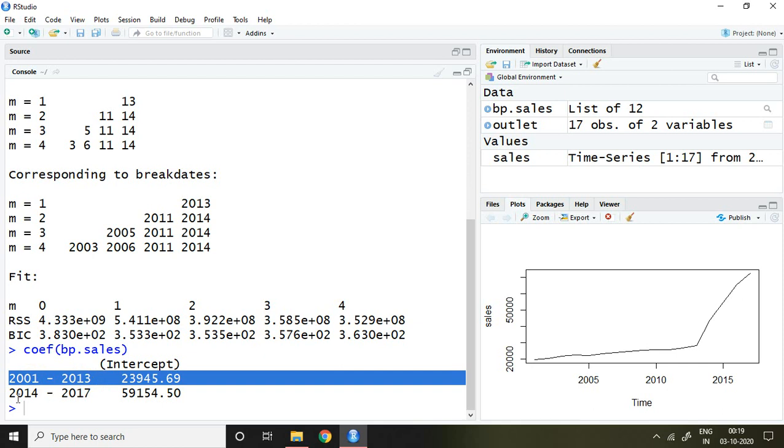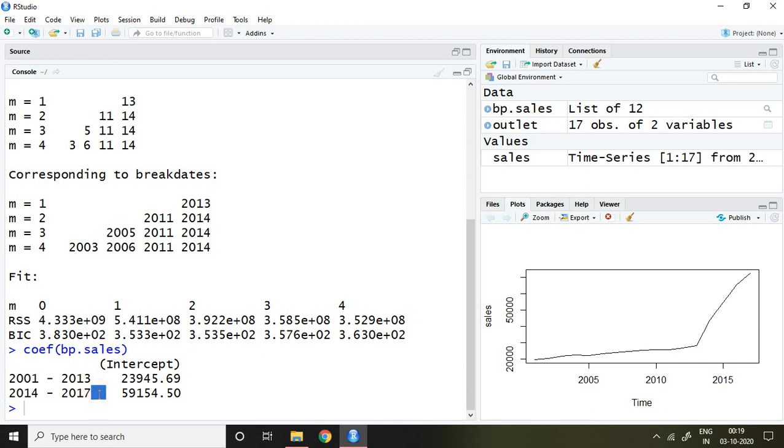Another, we have to consider 2014 to 2017. So that would be the way to consider the breakpoints in this data.